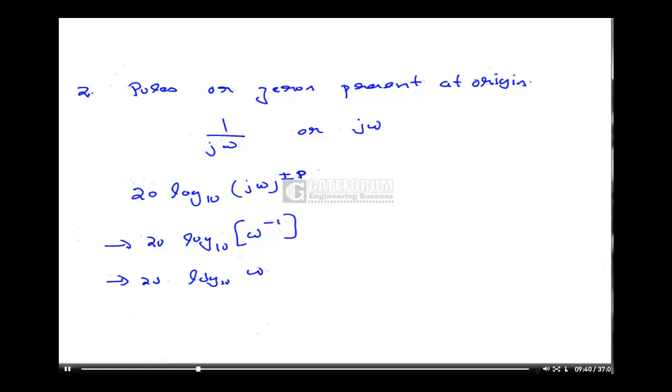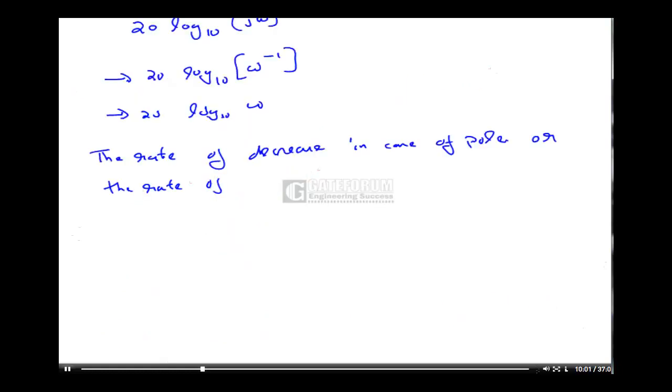Okay. So now in this case, if I plot this, the rate of decrease in case of pole, or the rate of increase in case of zero, will be minus plus p times 20 dB per decade.